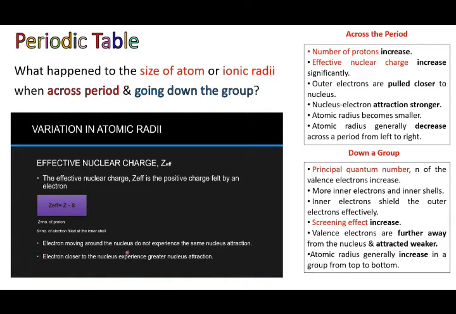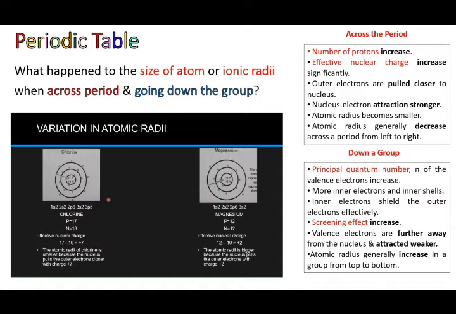Electrons moving around the nucleus don't experience the same nucleus attraction. Electrons closer to the nucleus experience greater nucleus attraction. Okay, here is an example of how to calculate Zeff. Now we have chlorine.